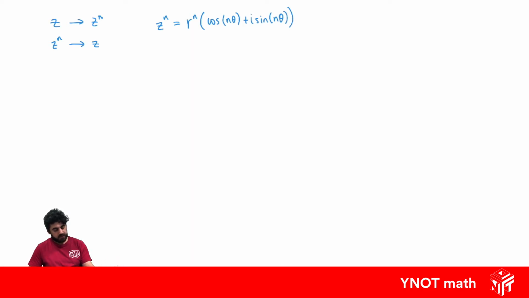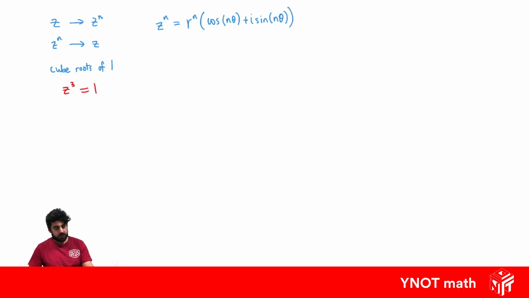So let's look at our first example. We want to find all the cube roots of 1. The first thing we need to do is construct an equation. If we're after the cube roots of 1, we're going to let z cubed equal 1.